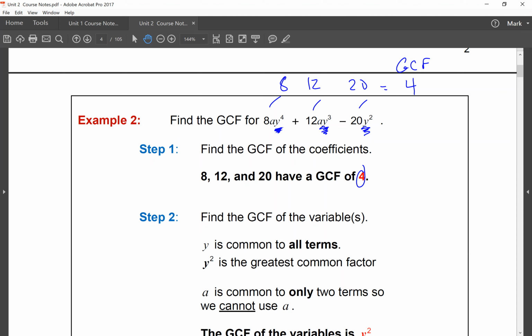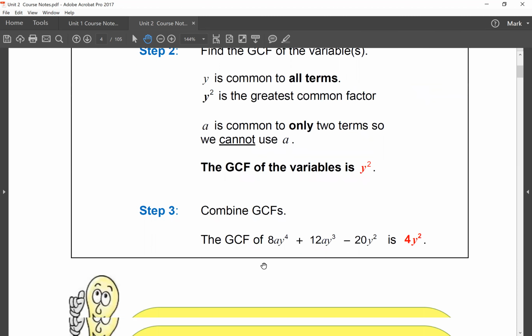So from the minimum, I can remove at least 2 y's from each of these terms. That's it. That is my GCF, 4y squared. I can remove a y squared from each of these. That's all you have to do.